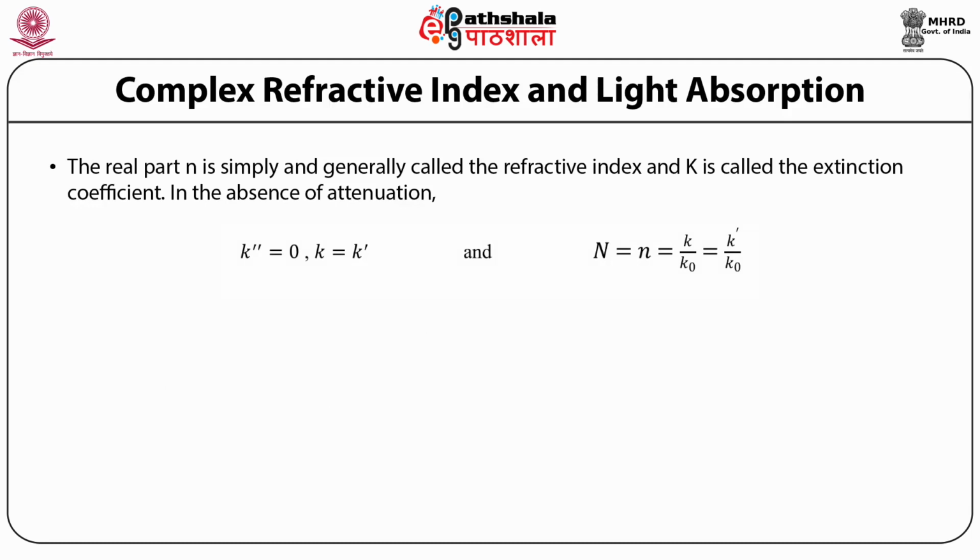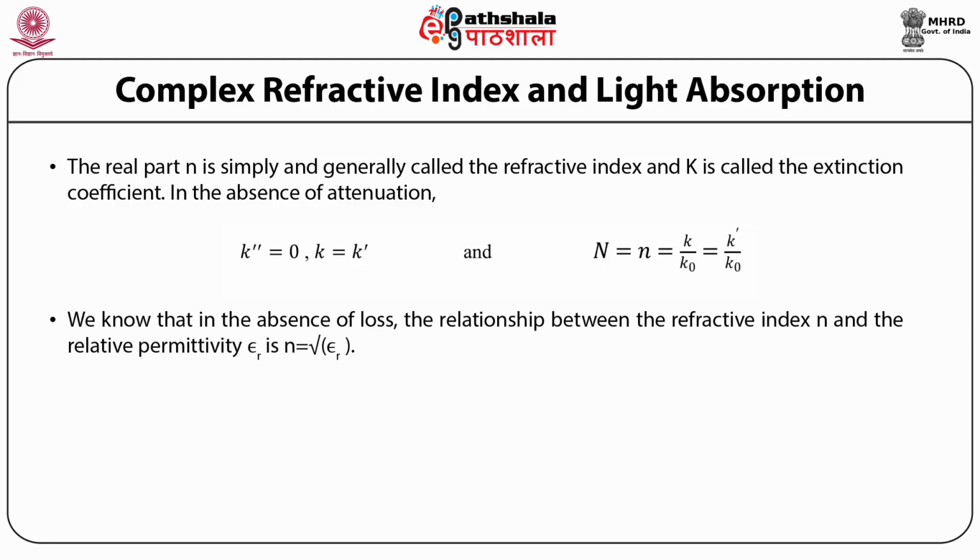In the absence of attenuation, k double prime is equal to 0 and k is equal to k prime, and capital N is equal to small n, which is equal to k by k0, which is equal to k prime by k0. We know that in the absence of loss, the relationship between the refractive index n and the relative permittivity epsilon r is n equal to root over epsilon r.